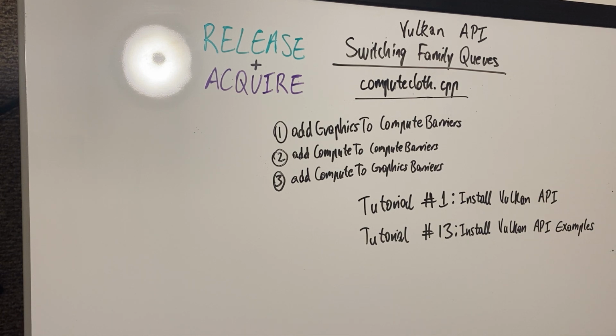Now, if you're new to the Cuda Education series, the first thing you need to know is that I believe that in order to learn the Vulkan API, you need to have code running on your machine.